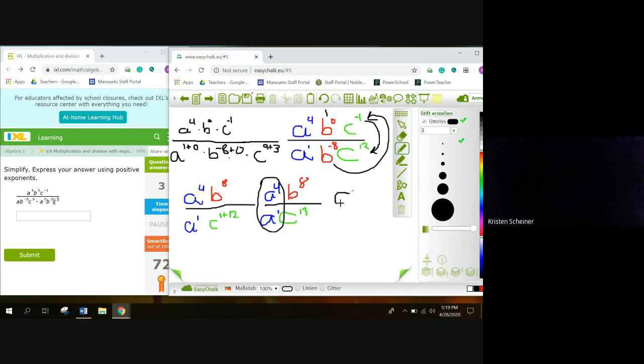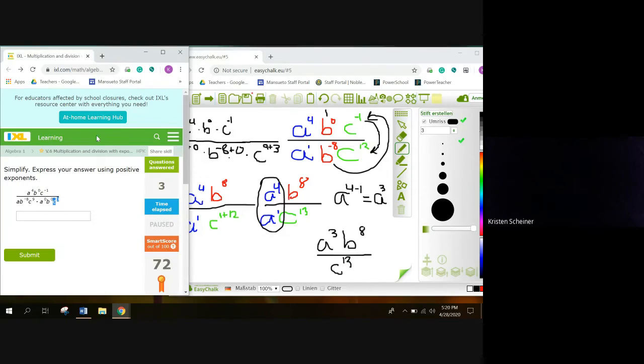It's going to become A to the 4 minus 1, and 4 minus 1 is 3, A to the 3rd power, or A cubed. All of that is above the fraction bar, so our very final answer is going to be A cubed times B to the 8th power, all over C to the 13th power.